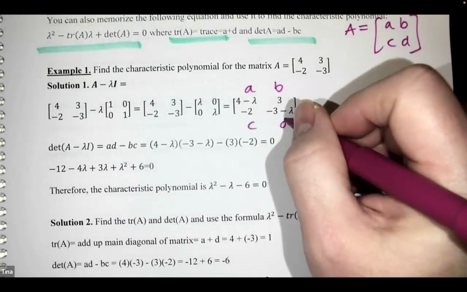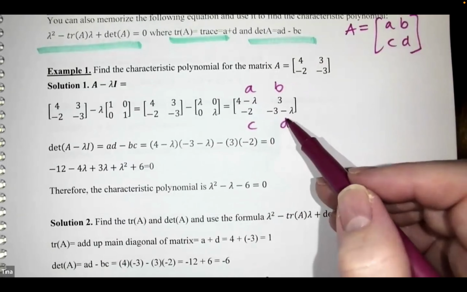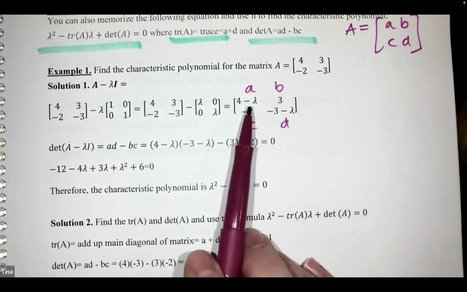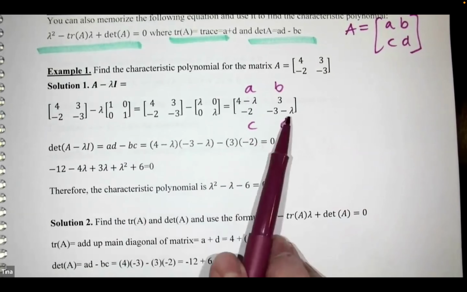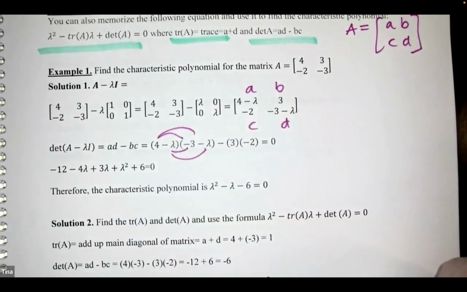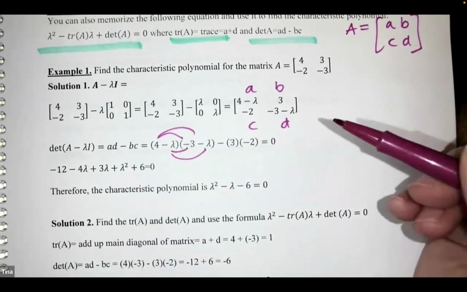So if we go to do the determinant of this, we do A times D minus B times C. So AD, we take 4 minus lambda times negative 3 minus lambda. So we can FOIL that out, first, outside, inside, last.